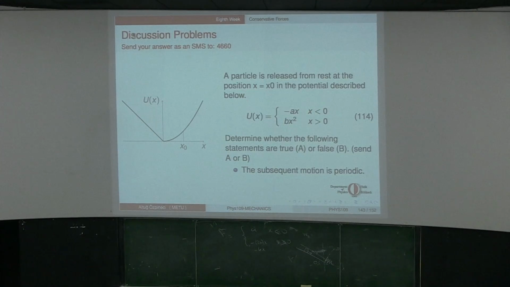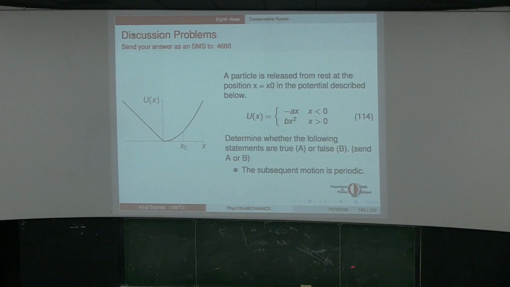So, anybody who wants to explain why it is periodic? Why do you think it is periodic? So you are saying that the video was showing that it was periodic, in a sense.